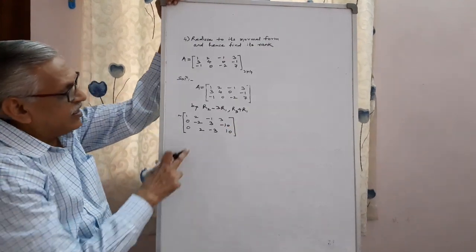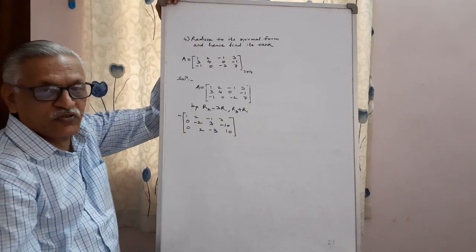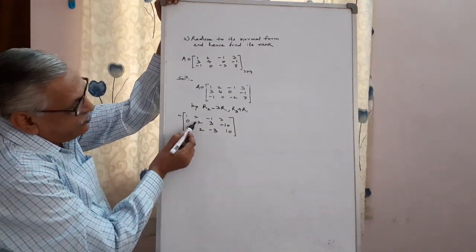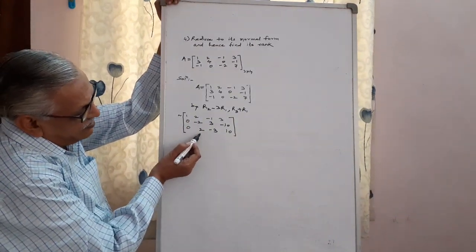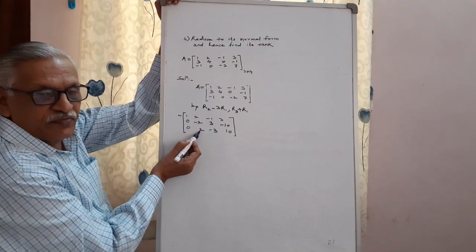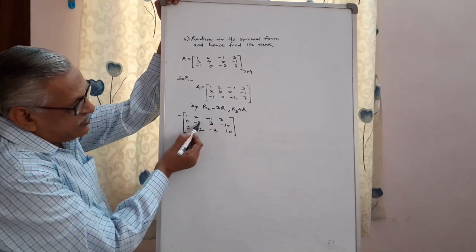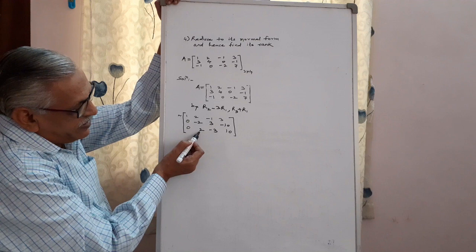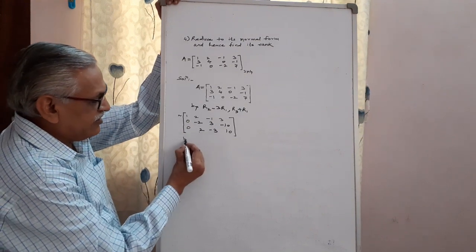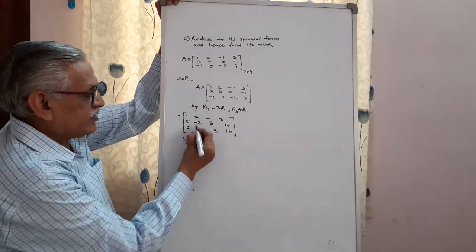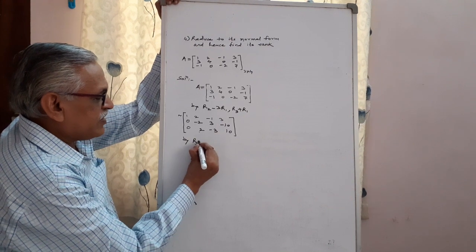The second diagonal element is here minus 2, which is non-zero, and using this we can convert the element below it to 0. Therefore, I am not converting it to 1. Directly I will make it 0 by R3 plus R2.